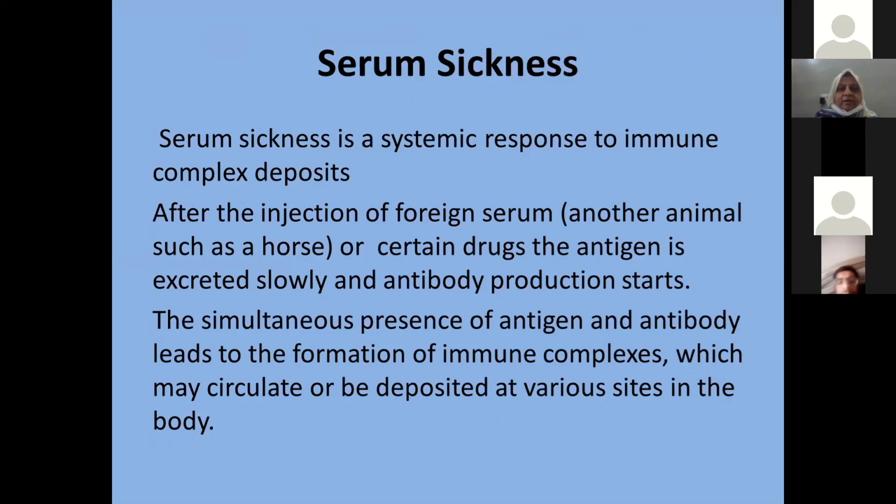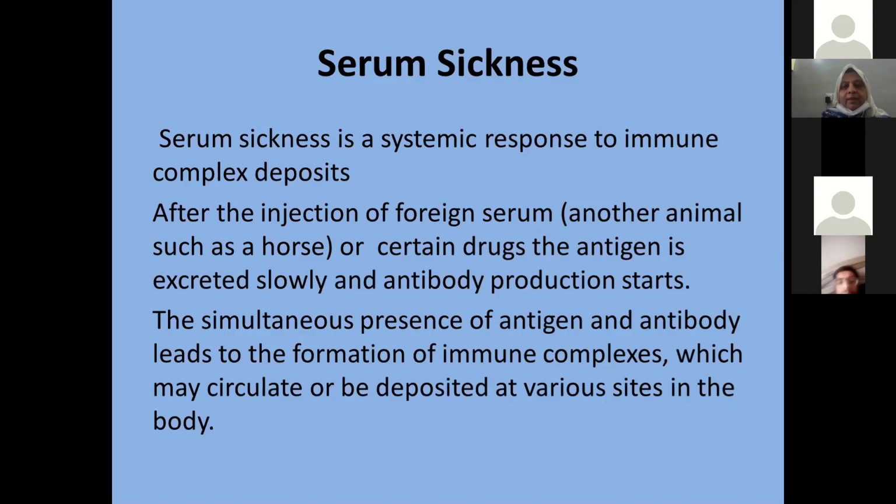Now, serum sickness occurs when these complexes are deposited in various sites of the body, and there is a systemic response to these immune complexes. For example, if an injection of foreign serum is given, like a certain drug or a certain vaccine that is formed in another animal's serum, this can lead to an antigen-antibody reaction. So these antibodies are produced against that antigen. And because these are in circulation, the whole body systems will react to that, and this is known as serum sickness.